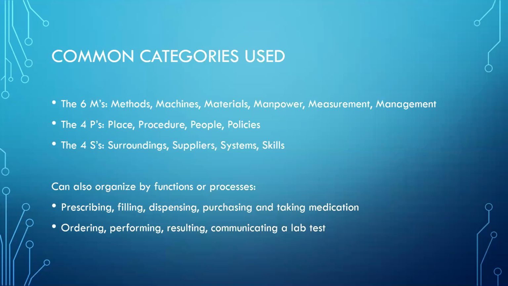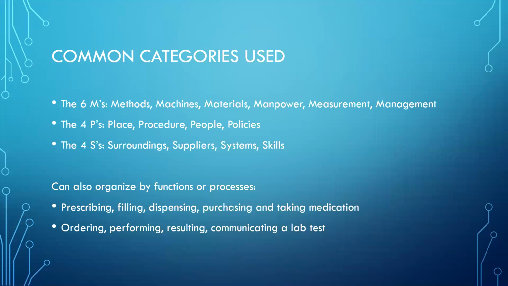Filling: is the patient not filling the medication, or is it not being dispensed, or not being purchased? Or taking the medication, and talk about all the things that surround a patient actually taking a medication. So that's just another way to look at doing a fishbone diagram that may be helpful in some scenarios, but is definitely not as common.